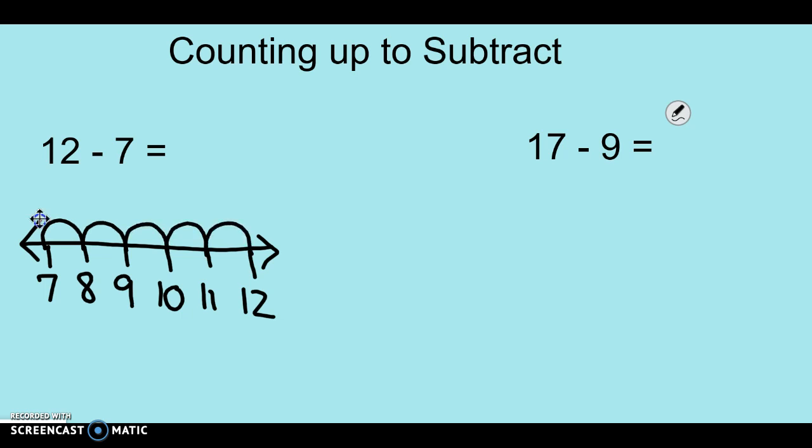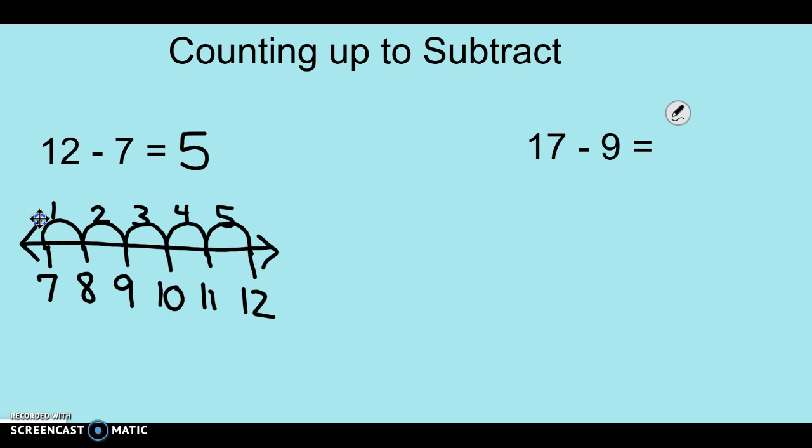Let's label our skip counts. 1, 2, 3, 4, 5. It took us 5 skip counts to get from 7 to 12. So 12 minus 7 equals 5. That's the difference.